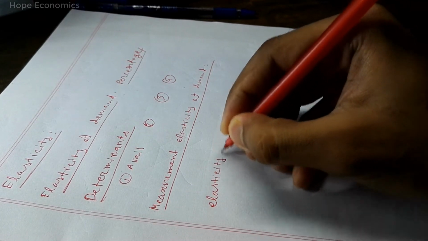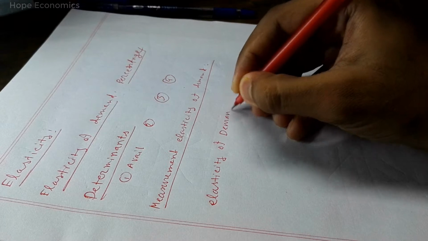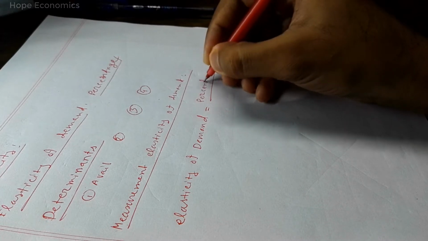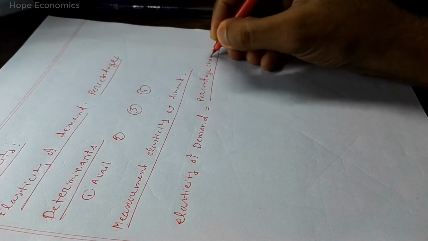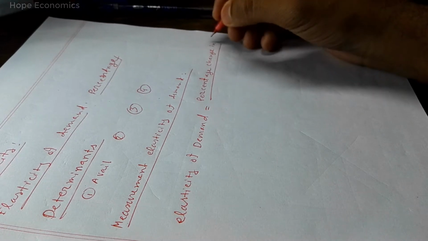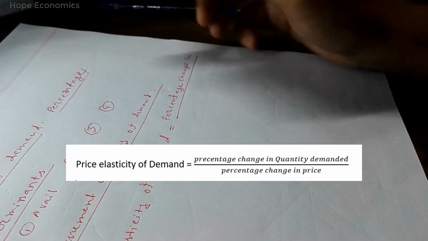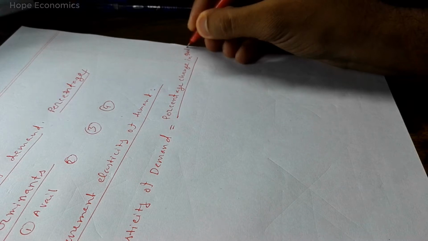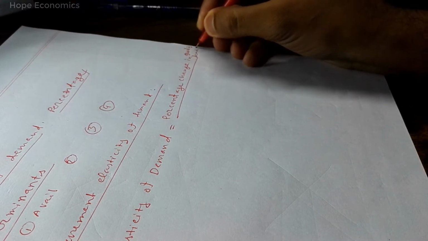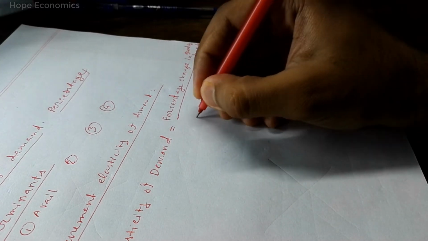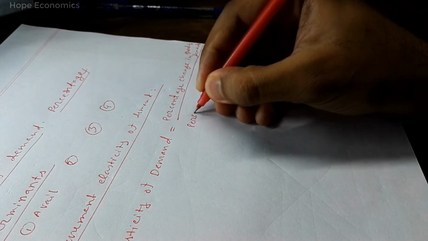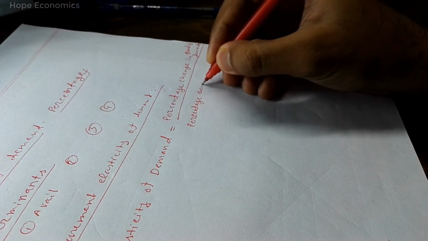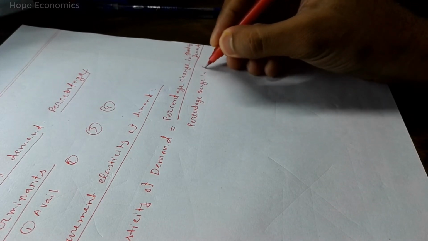Elasticity of demand is equal to percentage change in quantity demanded versus percentage change in price.